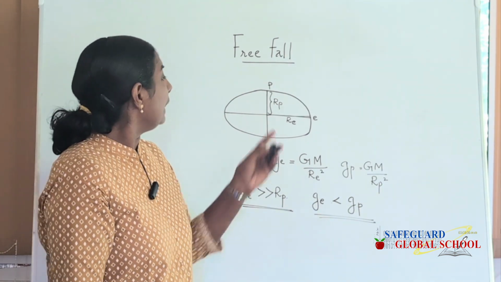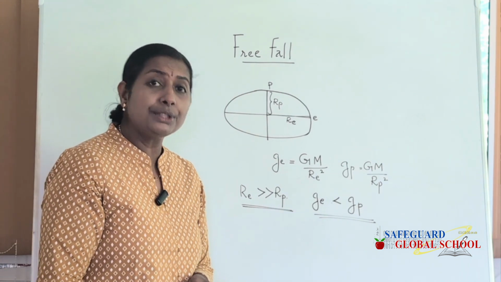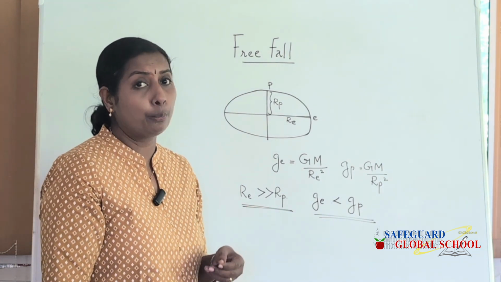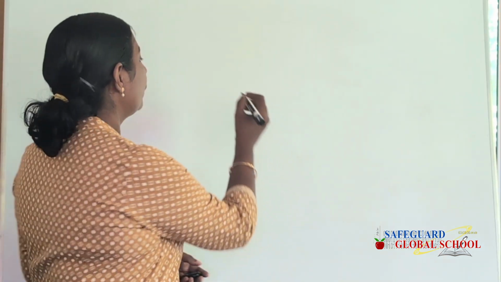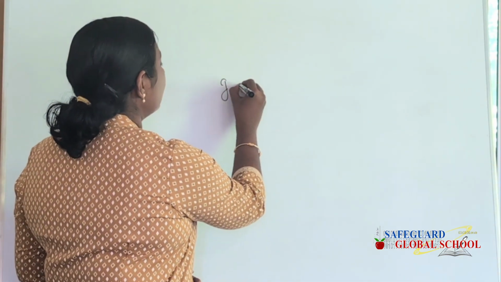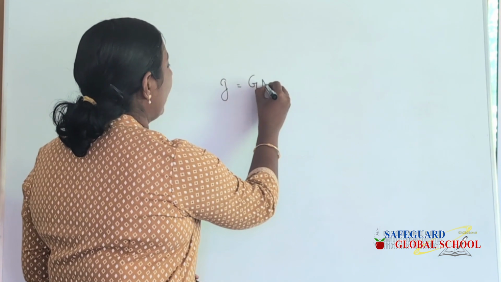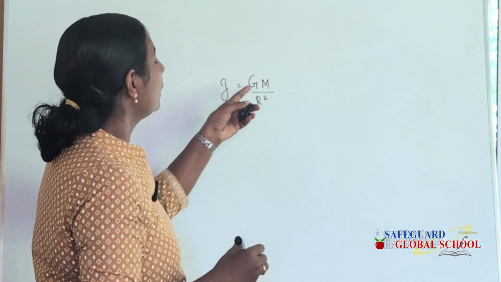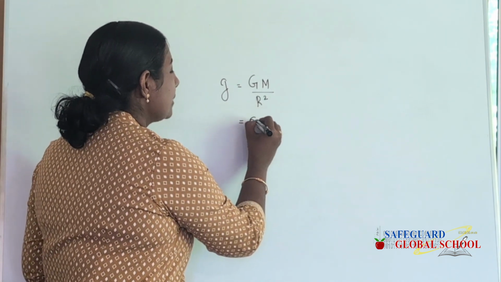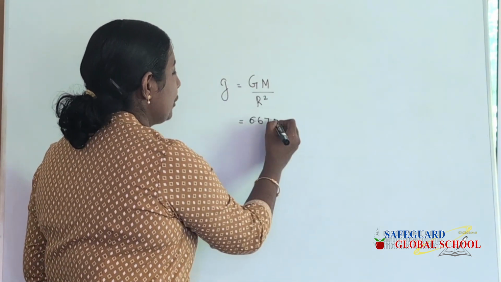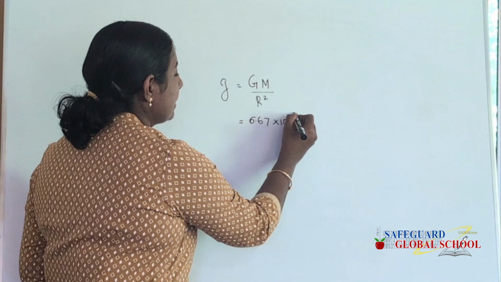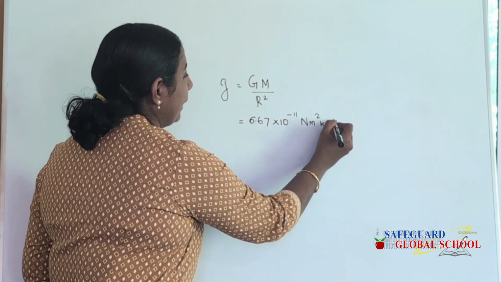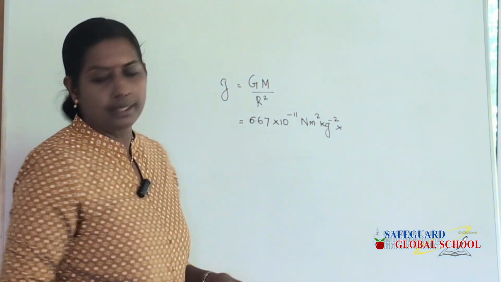Then let us calculate the acceleration due to gravity on the surface of the earth. What is its numerical value? We know that g is capital G into M by R squared. Capital G is 6.67 into 10 raised to minus 11 newton meter squared per kilogram squared.